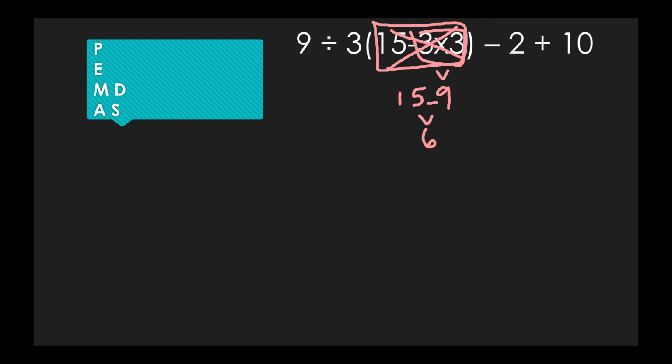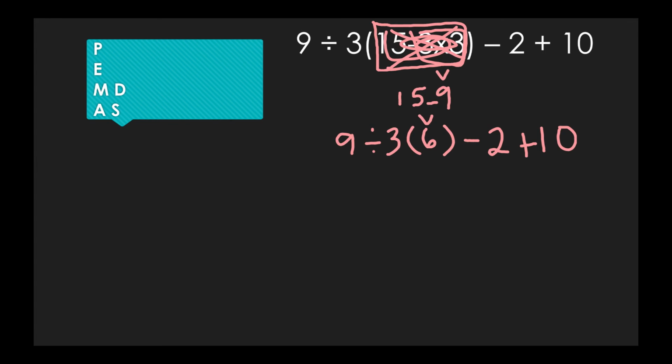So since I said that this amount inside of here equals 6, inside those parentheses, I'm going to copy the rest down and fill in 6 instead of that long problem that was inside the parentheses before. Now, whenever we see parentheses right next to a number, without an operation symbol next to it, it means that it's multiplication.